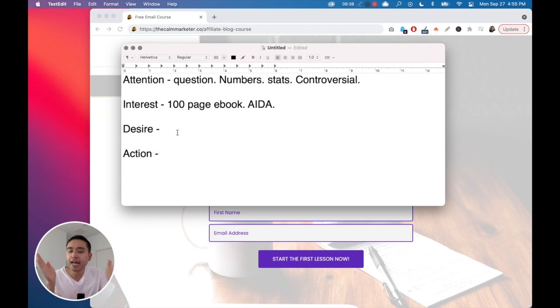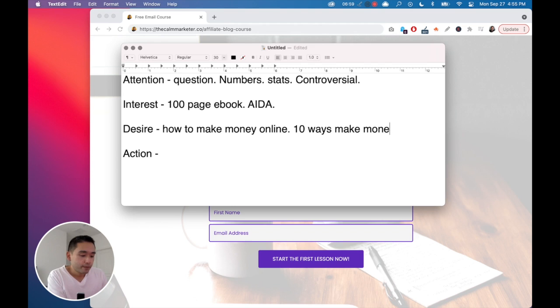And the desire goes a little bit deeper, and it fleshes out the interest that you mentioned. So if you say, I just published a 100-page ebook, and you could say this ebook is all about how to make money online, 10 ways to make money online. The fifth one is my favorite.